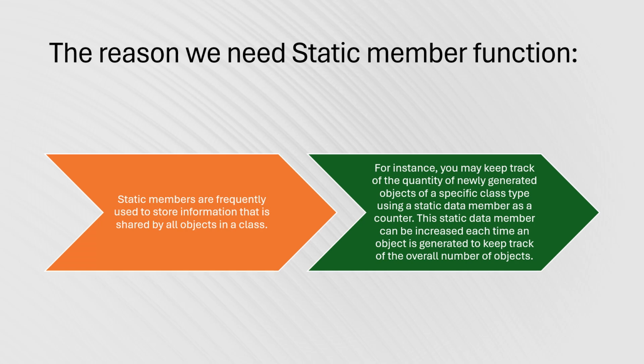For instance, you may keep track of the number of newly generated objects of a specific class type using a static data member as a counter. This static data member is increased each time an object is generated, to keep track of the overall number of objects.